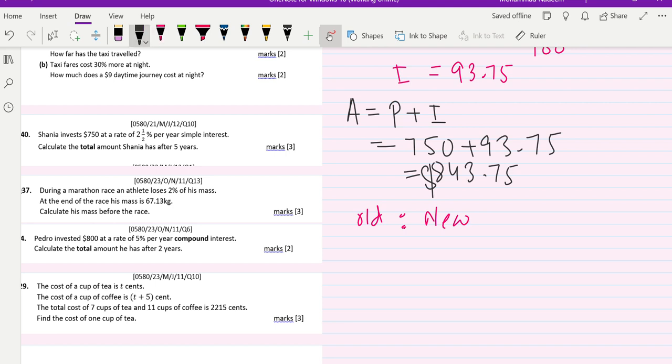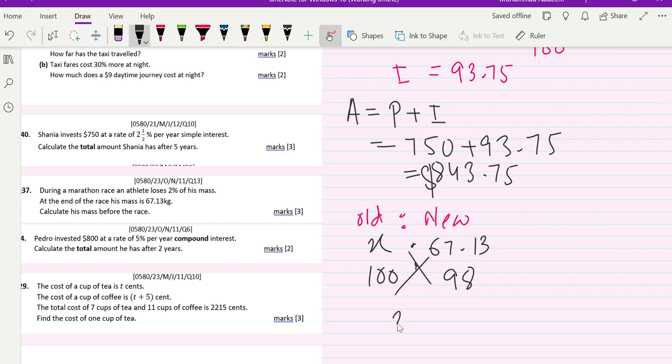His mass at the end of the race is 67.13 kg. We need to work out the original mass. So original is x, and the mass after the race is 67.13 kg. Original percentage is always 100, and new percentage, he is losing the mass, so losing by 2%, so 100 minus 2 will be 98.